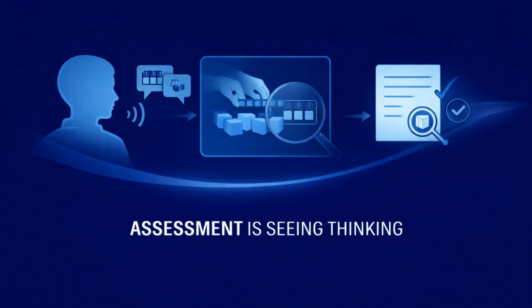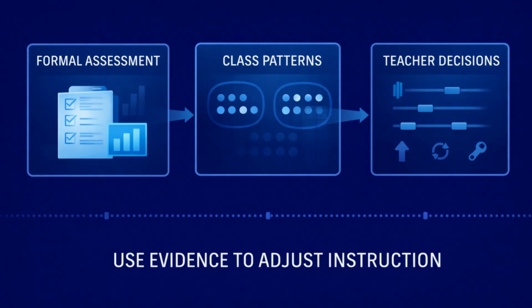Informal assessment happens when teachers listen to student explanations, observe how students use models, and analyze student work. Formal assessments help identify patterns across the class. Together, these sources of information help teachers decide what to emphasize, what to revisit, and how to adjust instruction.